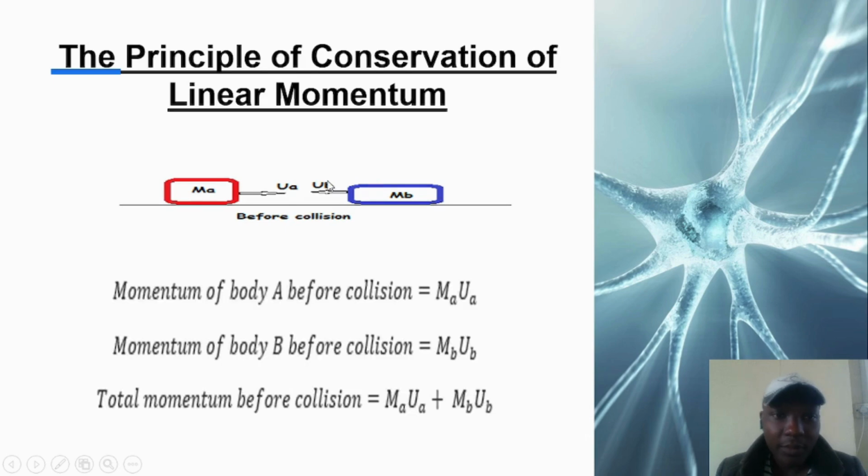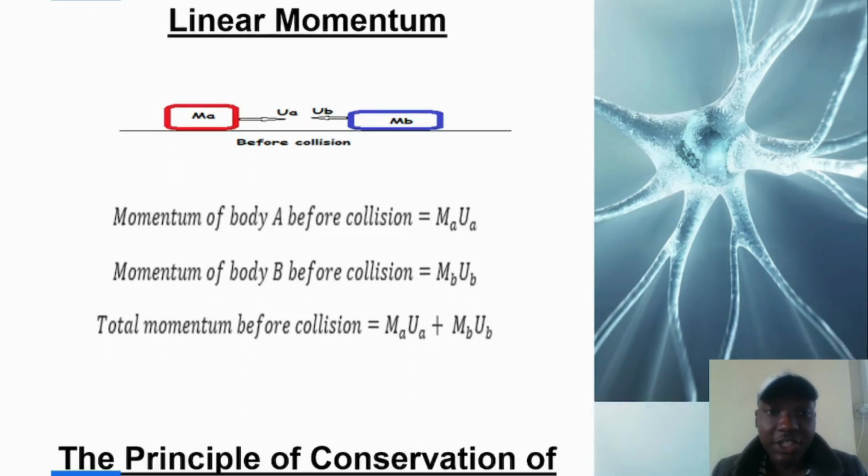That is before collision. So the momentum of body A before collision is mA times uA, and the momentum of body B before collision is mB times uB. The total momentum before collision is mA uA plus mB uB.